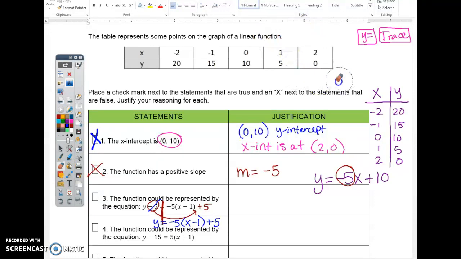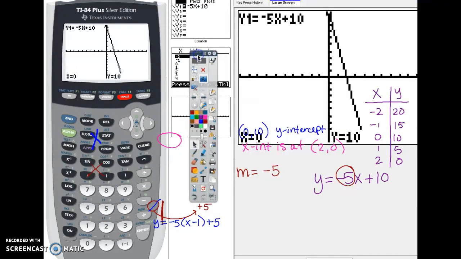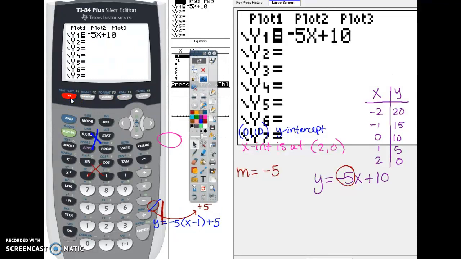I'm going to erase some things. So let's go put that equation in y equals. Y equals, erase the one that you put on there, and go put the new one, which is negative 5, parentheses, x minus 1, close parentheses, plus 5. And what are you going to go look at?